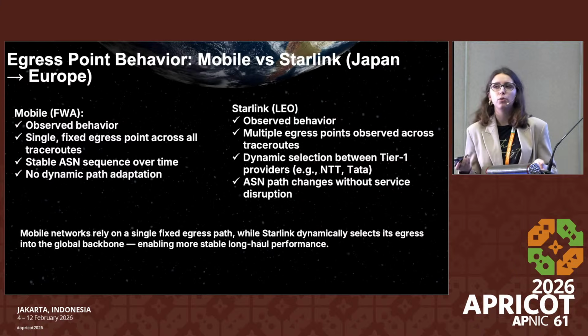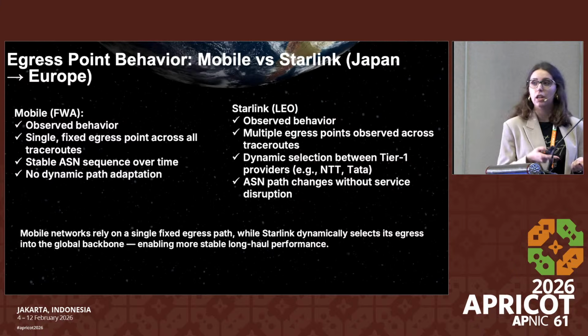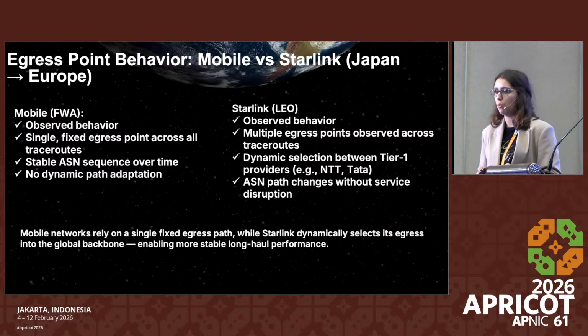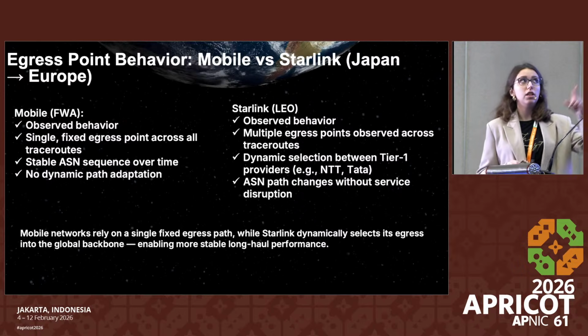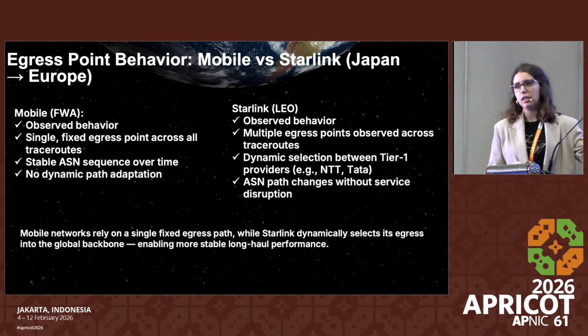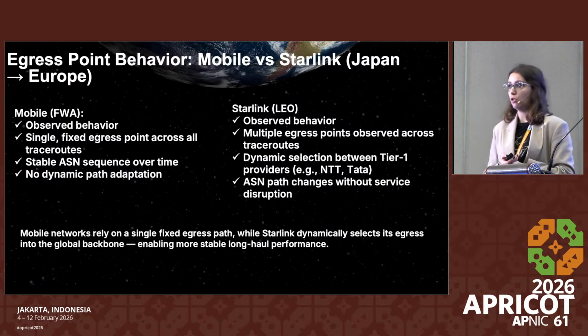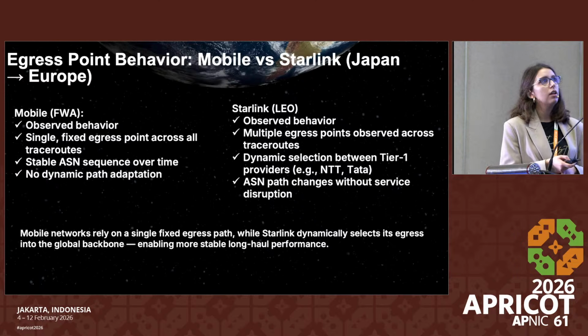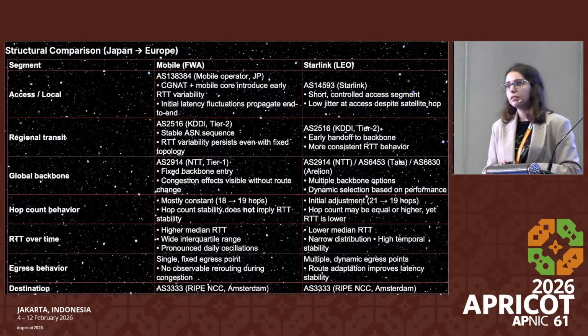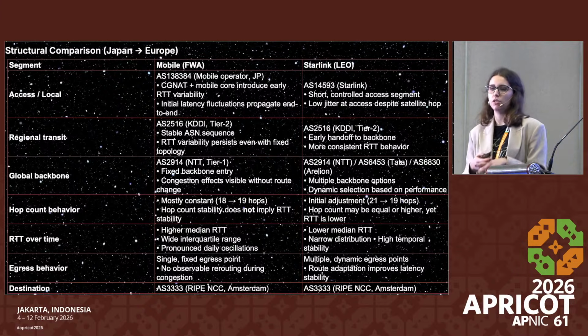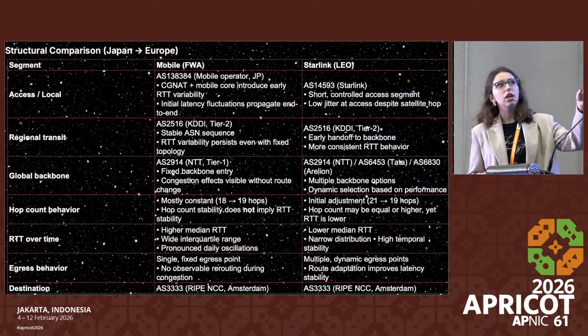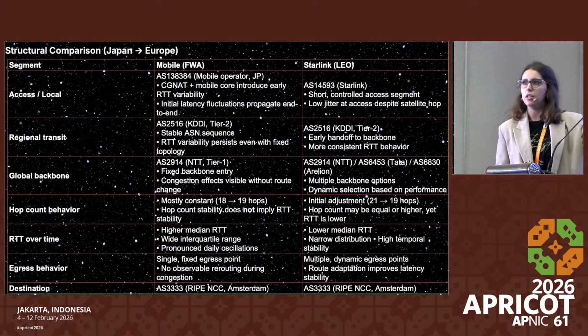It is possible because we have some failures or some congestion on the backbone, but in the mobile, fixed wireless access probe, we have a single fixed egress point across all traceroutes. On this slide, I will not go into detail because of lack of time, but you could see how they change egress point in detail.